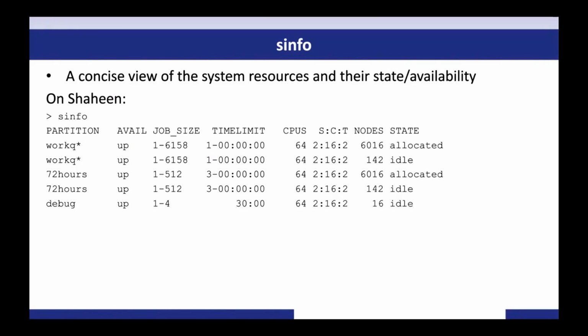The fourth column lists the maximum allowed hold time for a job submitted to the respective queue. For example, the work queue allows a maximum of 24-hour job, whereas the 72-hour queue, as the name suggests, allows hold time for up to 72 hours maximum.